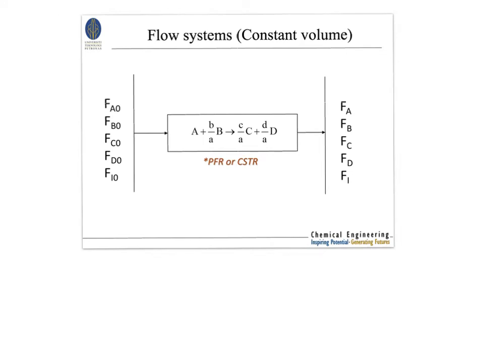We have done the batch system. For a flow system, we also look into the constant volume case. Taking A as the basis, divide all the stoichiometric coefficients by the stoichiometric coefficient of A. The form of the stoichiometric table for a flow system is basically similar to the batch system.